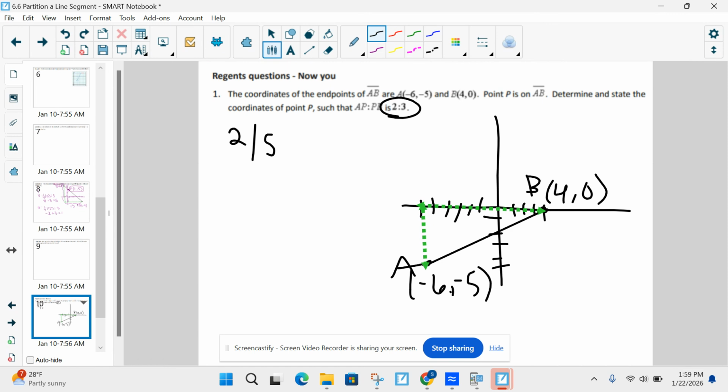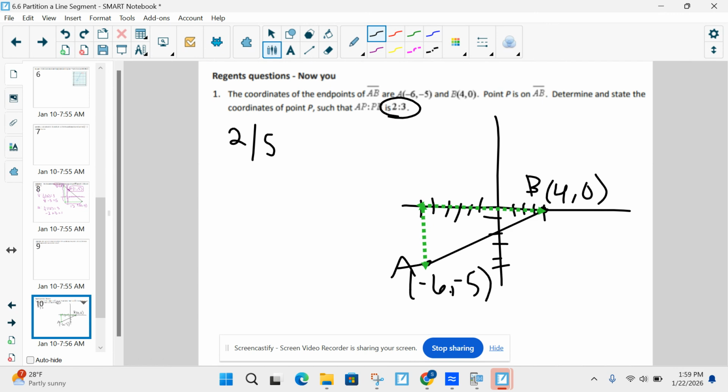So if I'm going up 5 and 2/5 of that is 2, that means that the partition point will be up 2. But if it's going over 10, what's 2/5 of 10? 4. So find those pieces and then go up 2 over 4, and then you will find your point.